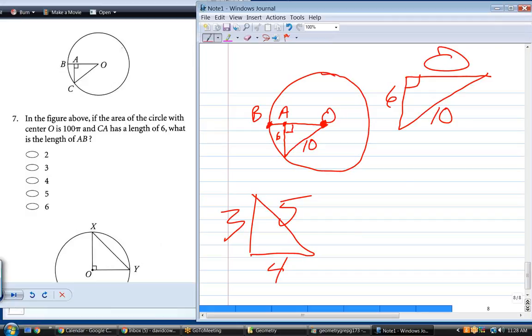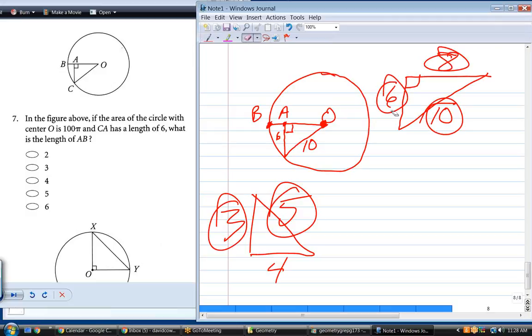How do I know this is a 3, 4, 5 triangle? There's the 3 side, there's the 5 side. That's twice 3, that's twice 5. This, therefore, has to be 8, much faster than doing it the hard way.